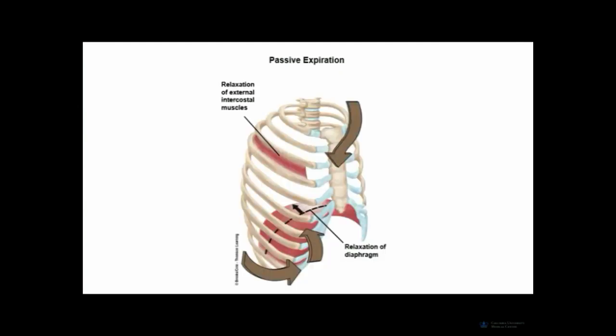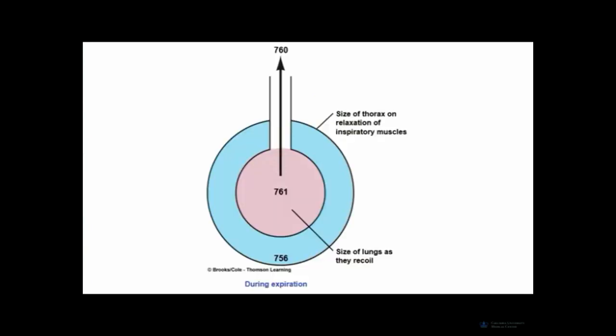So passive exhalation, those muscles relax and the pressure increases and creates that pressure gradient carrying air out.